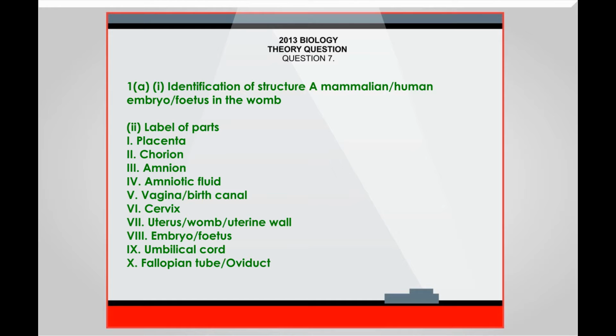Label parts of the structure: placenta, the chorion, amnion, amniotic fluid, vagina, birth canal, cervix, uterus, womb, uterine wall, embryo, fetus, umbilical cord, fallopian tube/oviduct.